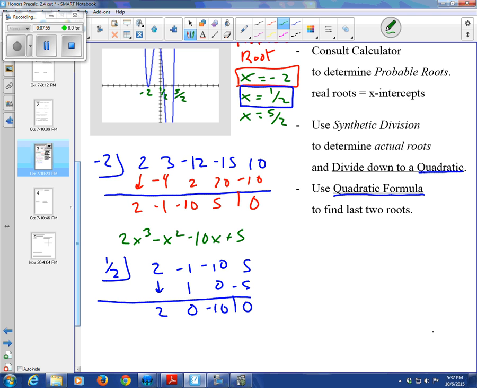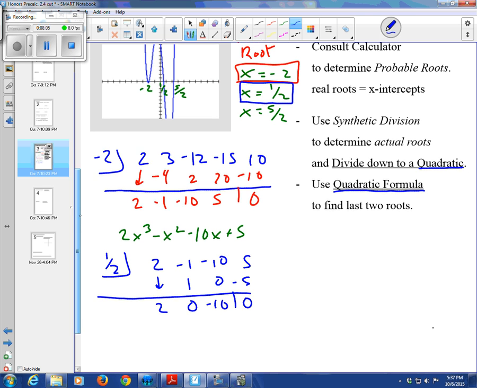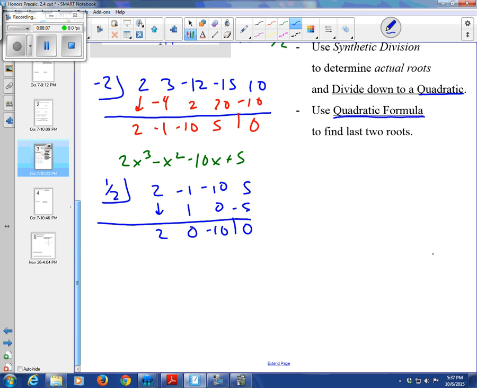Now what we've done right here is divide out the linear factor that the 1/2 root coincides with, and we're left with the quadratic. So we've effectively factored out two linear factors and got down to a quadratic.